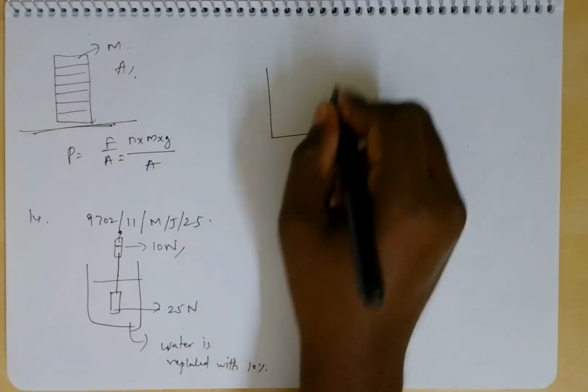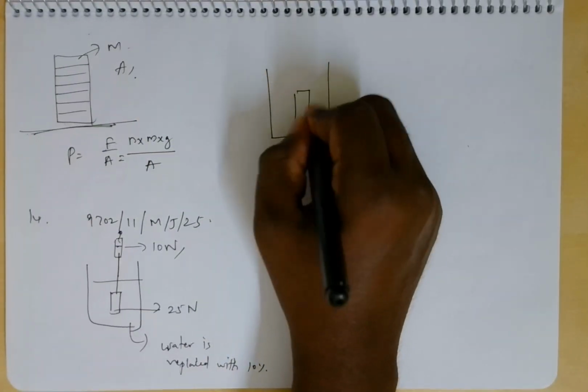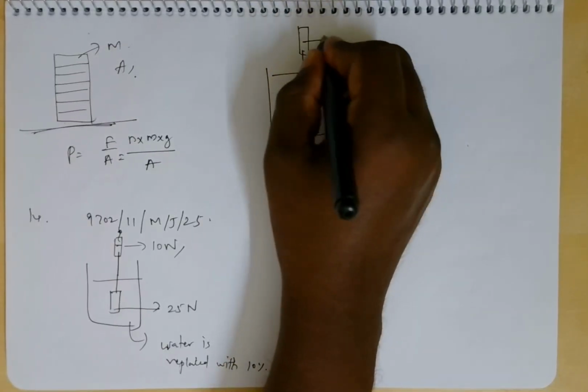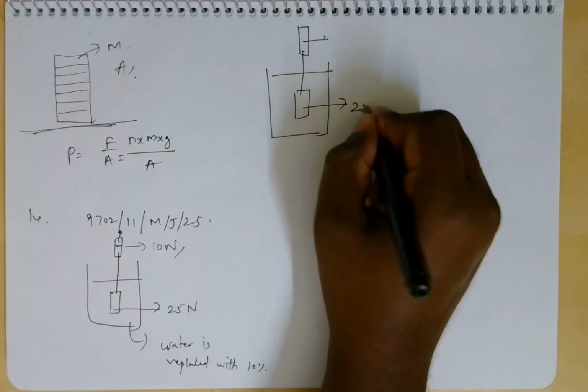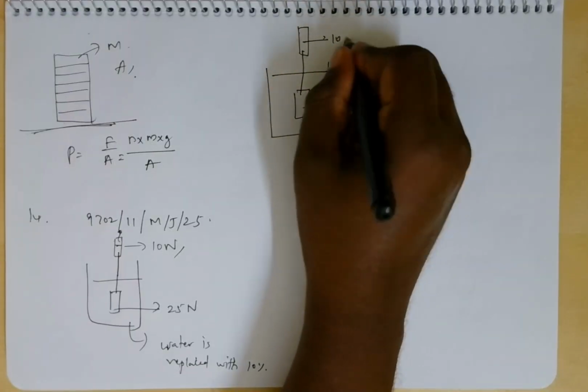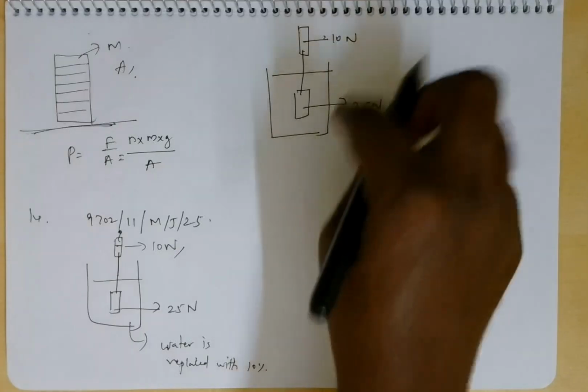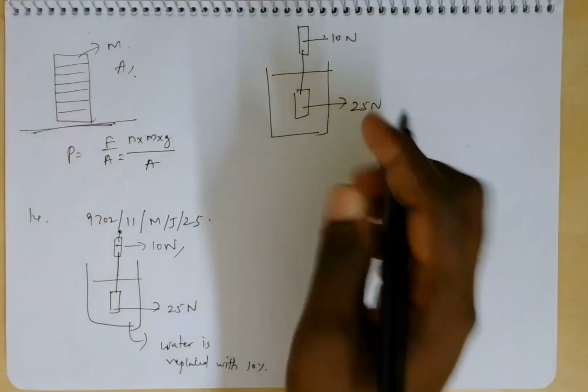I'll explain one more time, sir. Here is a cylinder suspended in the water, and here is a Newton meter. The cylinder's weight is 25 Newton. The Newton meter shows a reading of 10 Newton. The cylinder is fully submerged.